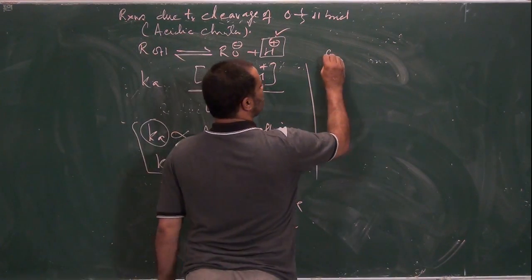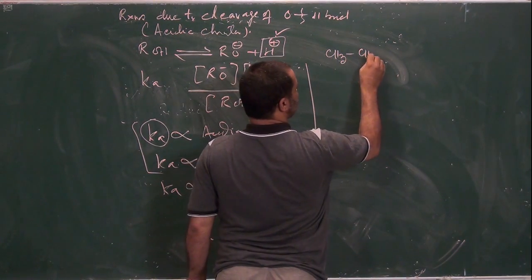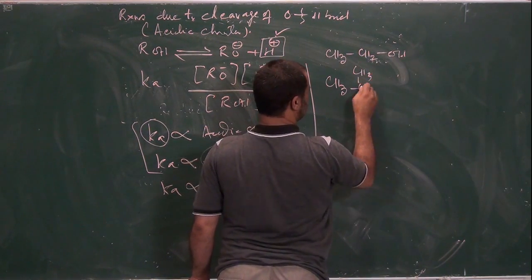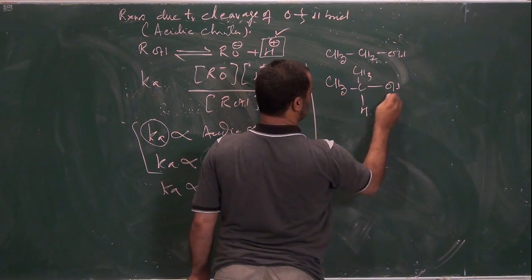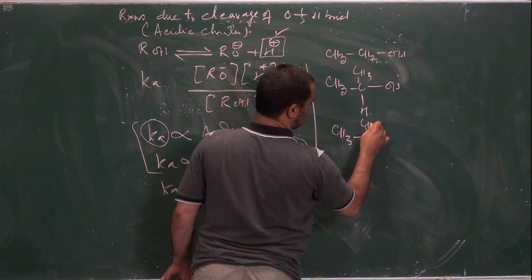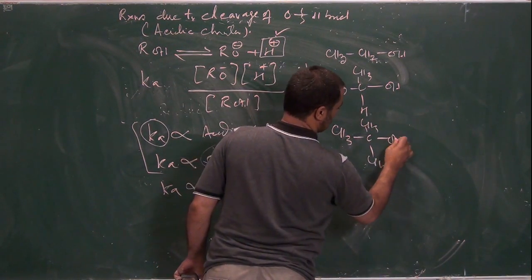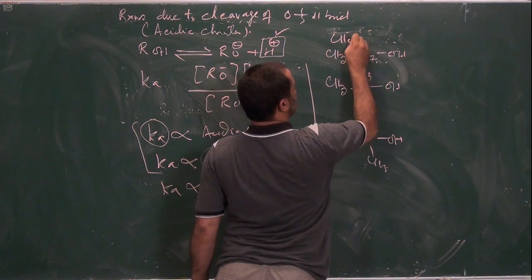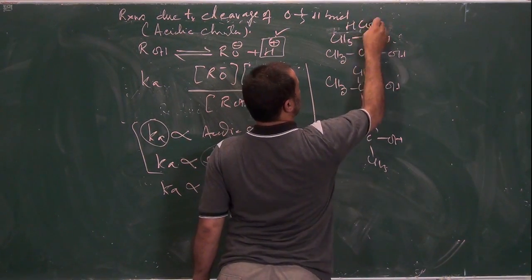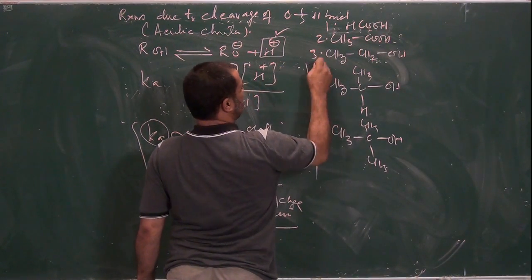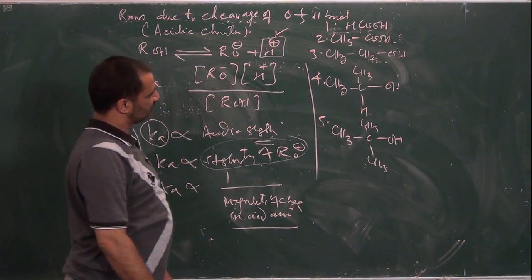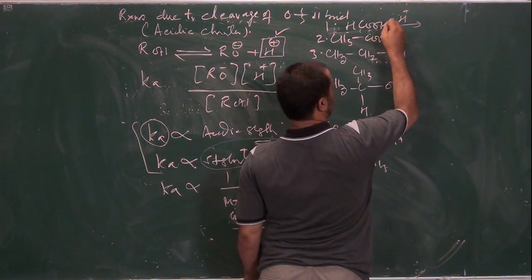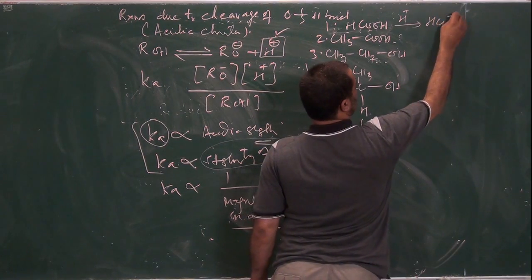With the help of this, I can discuss its acidic strength. Suppose I have CH3CH2OH, CH3CH(OH)CH3, CH3CH3CH3COH, and CH3COOH and HCOOH. These are acids 1, 2, 3, 4 and 5. If I remove H positive, it will be HCOO negative ion.